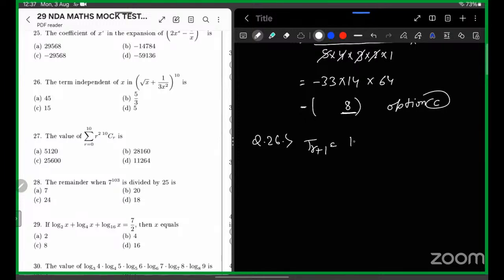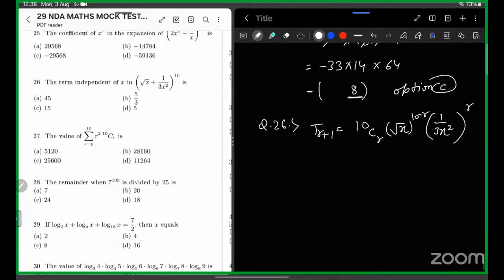That is equal to 10CR (root x)^(10-r) (1/3x^2)^r. Simplify it: 10CR x^((10-r)/2) times (1/3)^r times x^(-2r).